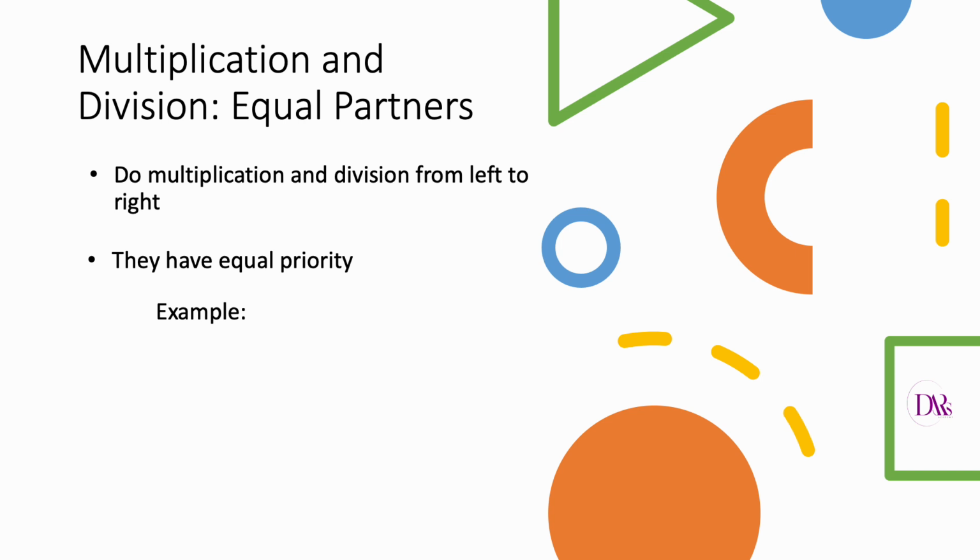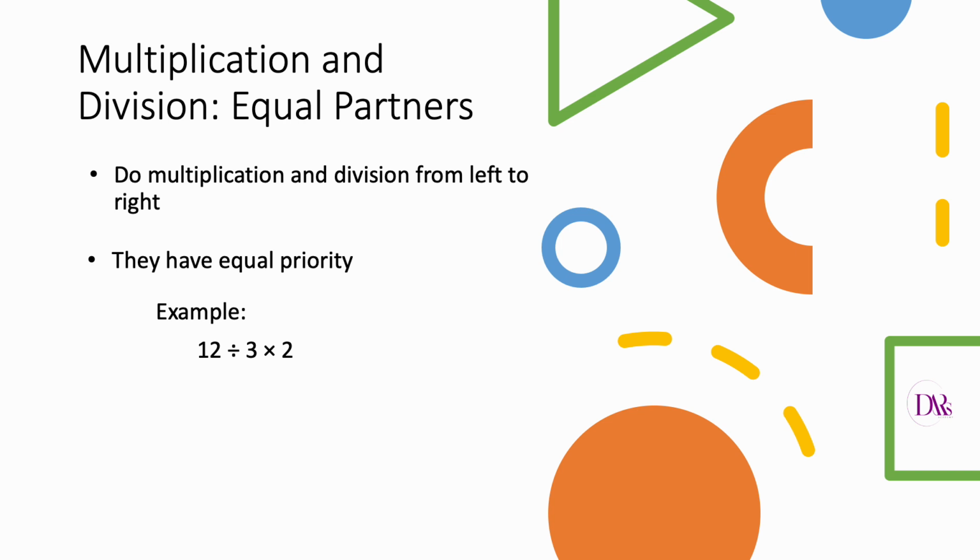So let's look at an example. We have 12 divided by 3 times 2. In this case, what comes first from the left? You guessed it, division comes first, so we will divide first before we multiply. Remember, we are doing multiplication and division from left to right.